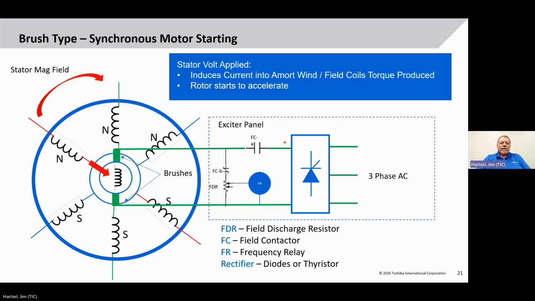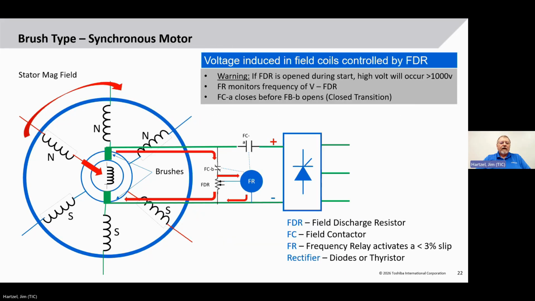So we're going to see here, there we go. As this starts to rotate, our current flow is going to be down through the field discharge resistor. So we're going to have this current flowing. We're going to keep the voltage at a decent level.